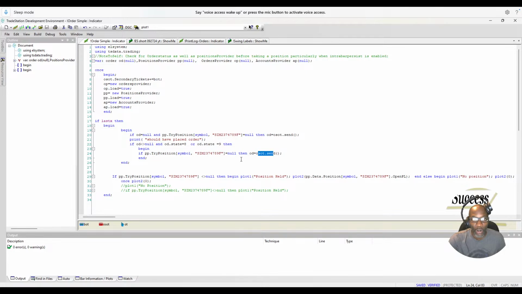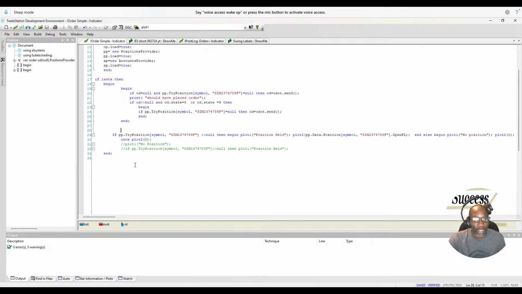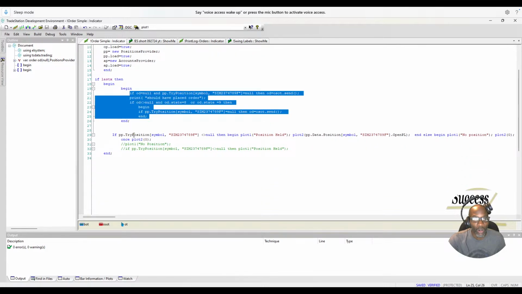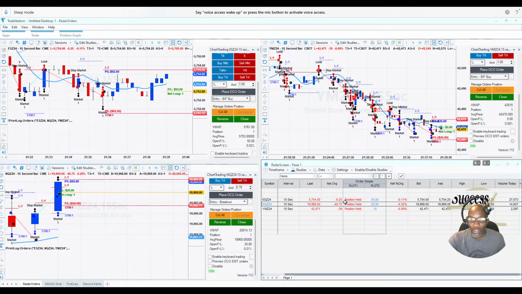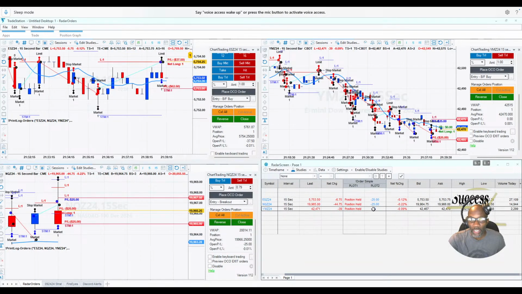And once you send that order, now you do have an order object, right? So OD is order object right here up at the top, order OD. All right, now after you've sent orders, what I've got going on over here, you see I've got position held, so we're in a position, and we have the profit loss of each of the positions.